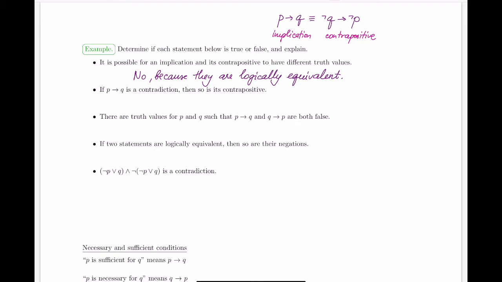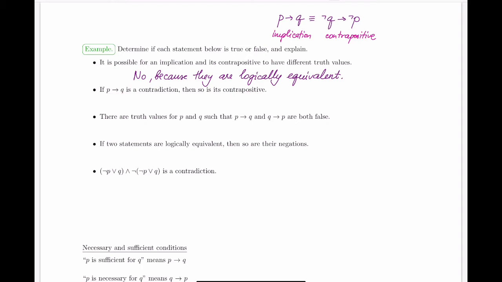Next up we have, if P implies Q is a contradiction, then so is its contrapositive. Remember, the contradiction is a statement that is false independent of what the truth values of its components are. So contradiction essentially means it's always false. So what this is saying is, if the implication is false, then so is its contrapositive. What do you think? Is that true or is it not?